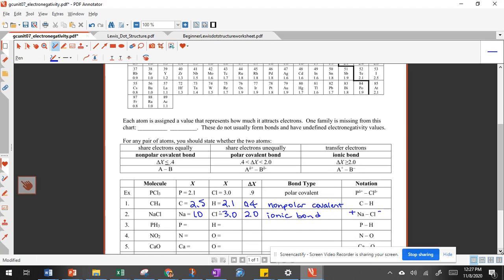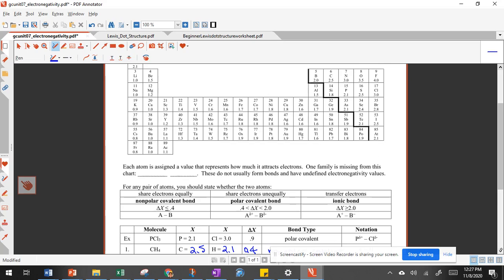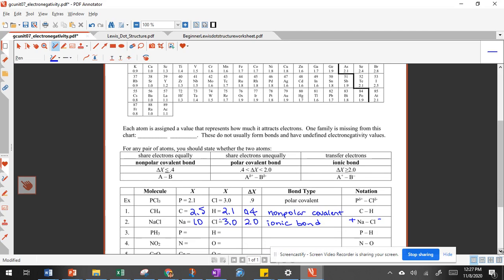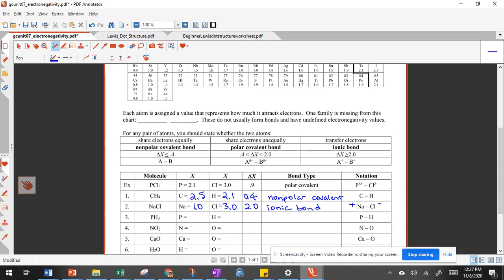Oxygen has an electronegativity value of 3.5. So nitrogen is 3, oxygen is 3.5. The difference here is 0.5. So we see here that this falls into the polar covalent bond.